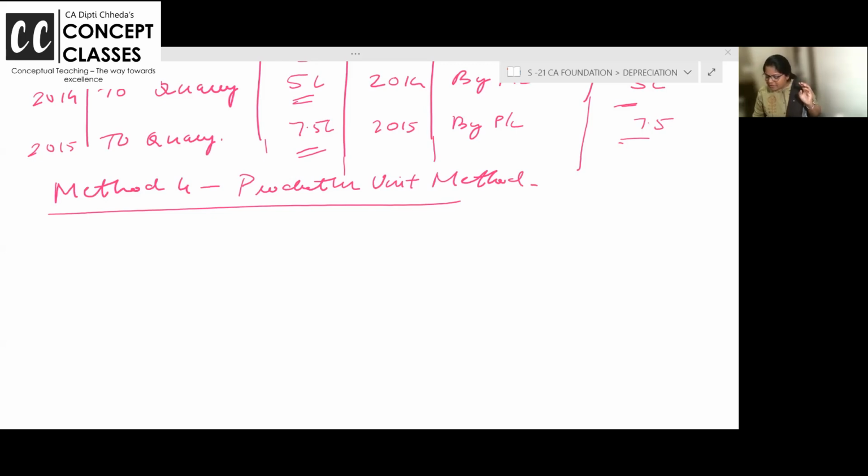And 3 years, 30,000 units. So total 1,50,000 units you can produce by buying a machine. So per unit depreciation you will get, like you got per ton, you will get per unit. Right. 11th problem now in class.